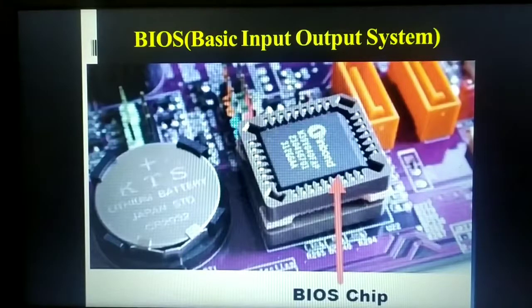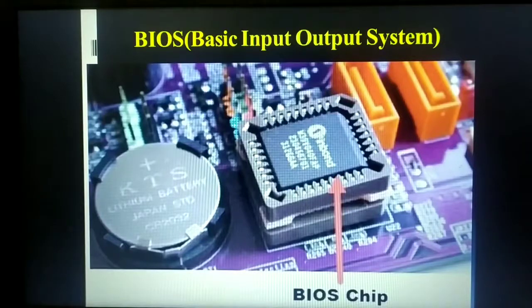So what is this power on self test that the BIOS provides? It helps to check and verify whether all the hardware devices are present and functioning properly. Think that your computer system is connected with external devices like speakers, and devices like keyboard and mouse.